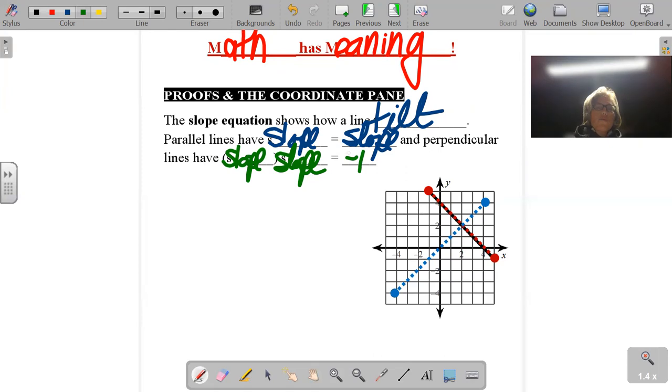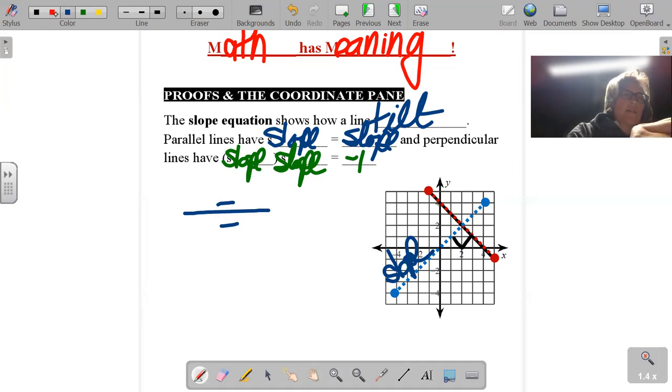So if I want to prove that this segment, the red and the blue segment, are perpendicular, I would find the slope of the blue, y minus y over x minus x. I'd find the slope of the red, y minus y, x minus x.